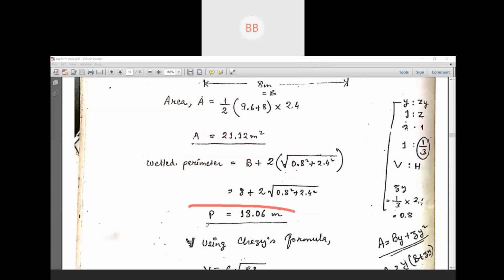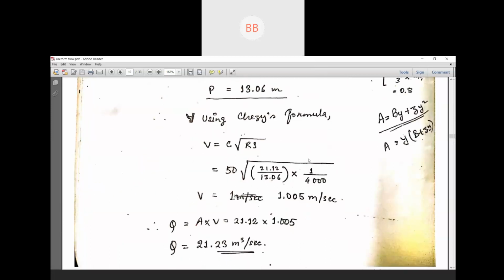Once you calculate the wetted perimeter, find out the R value. R equal to A by P. And then you use Sedgwick's equation. R is nothing but A by P, slope is already given, 1 by 4,000. Find out the velocity by using Sedgwick's equation.